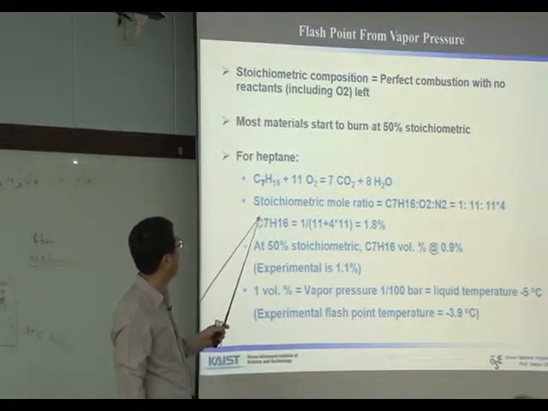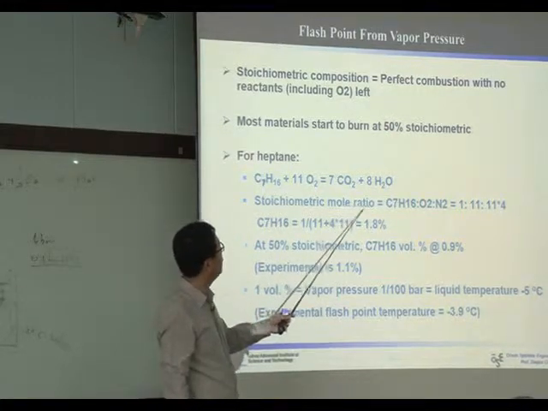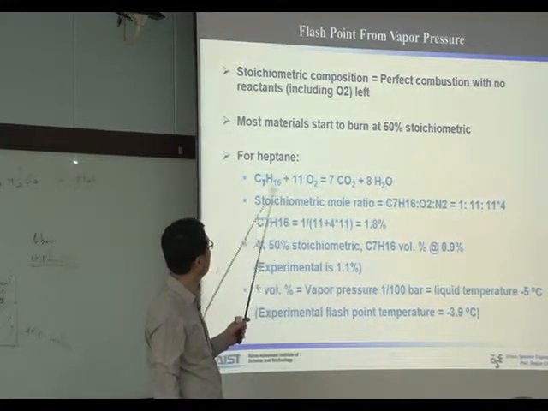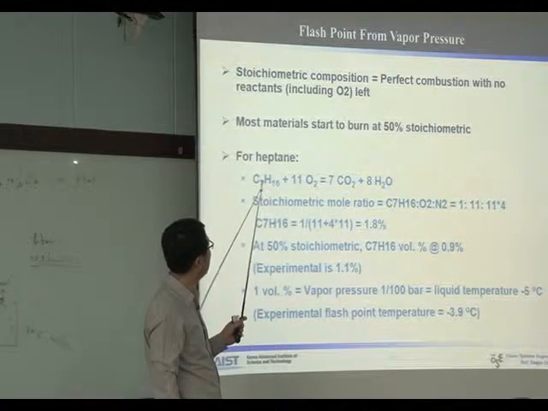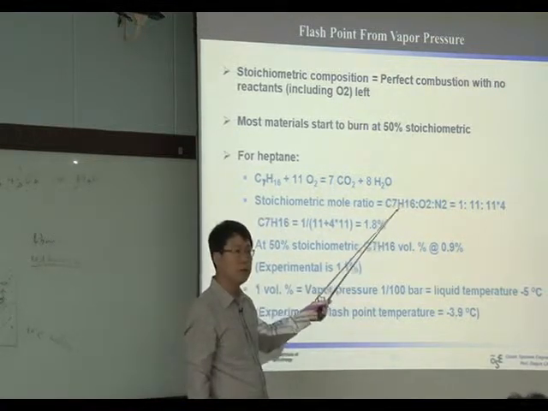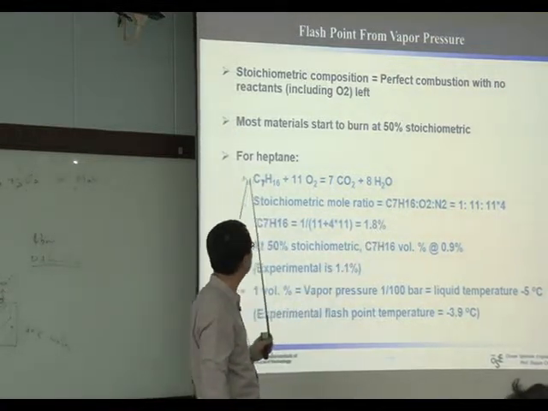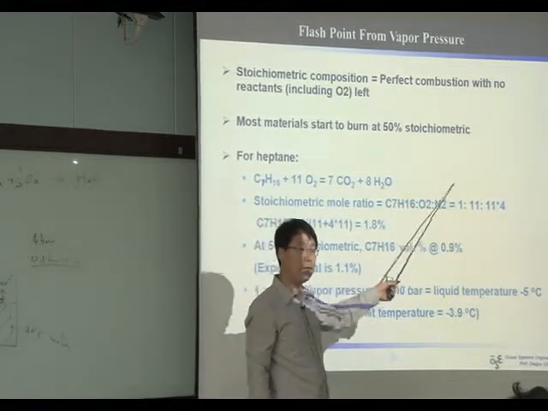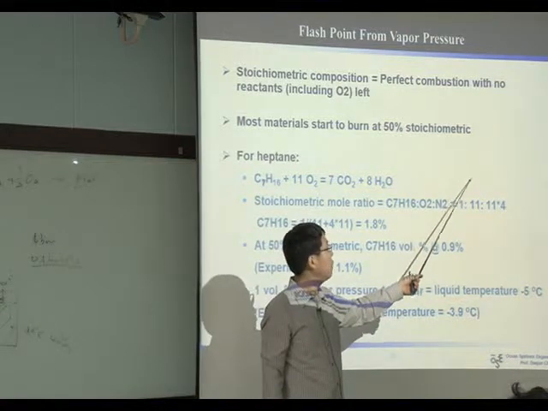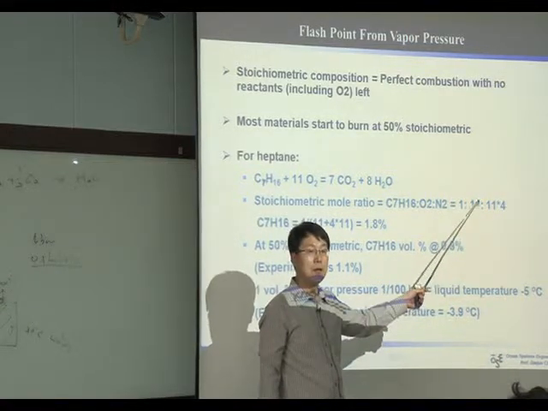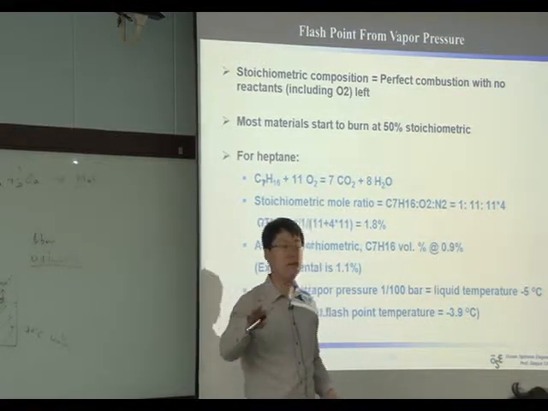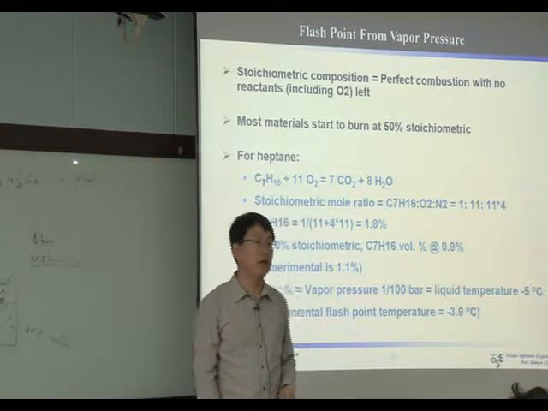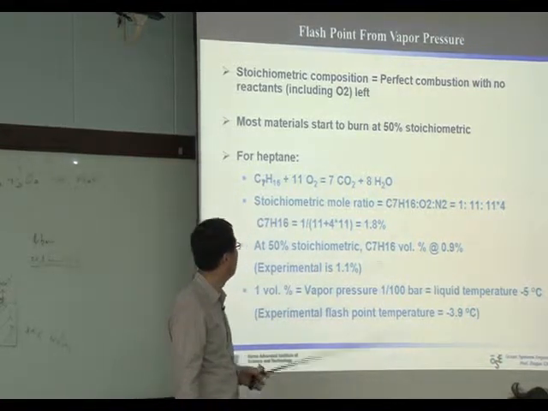The stoichiometric mole ratio of heptane to oxygen is 1 to 11. 11 oxygen always come with 11 times 4 nitrogen if we burn the heptane in air.